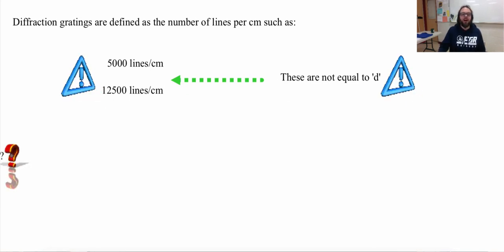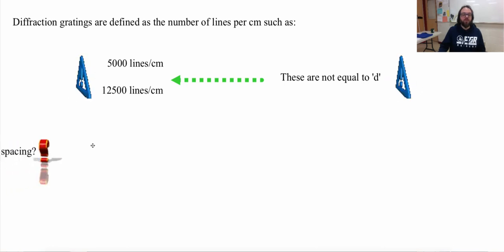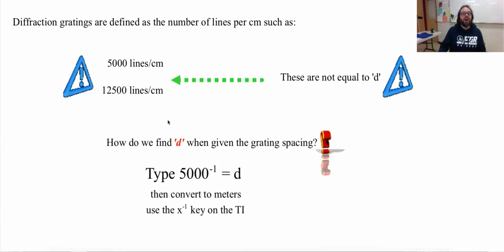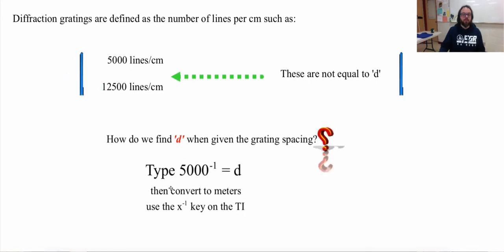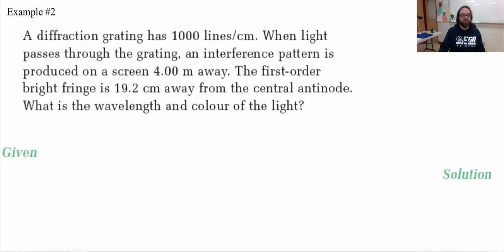Okay, it's how many lines per centimeter. So, if I want to figure out D, I have to go to the -1, or go 1 divided by this, right? I have to take the reciprocal and convert it to meters, so we use this key on our TI-84s or TI-83s. So I go 1 divided by that, and that tells me actually the distance between each line.